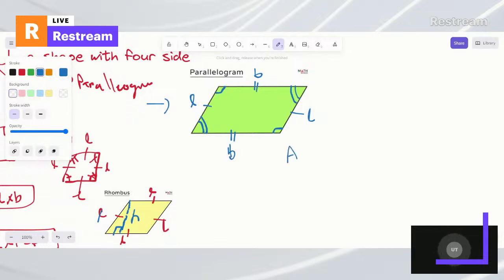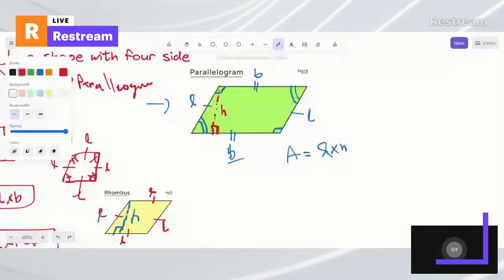Now let's talk about the formula for the area of a parallelogram, right? It's going to be the same as the area for a rhombus. So it's going to be length times h. I've written down breadth, I've not written down h. So what's h? H is exactly what we discussed in rhombus. It's a vertical perpendicular line drawn from top to bottom. It's going to make 90 degrees with the base, and this length is going to be called h. It's a perpendicular height.